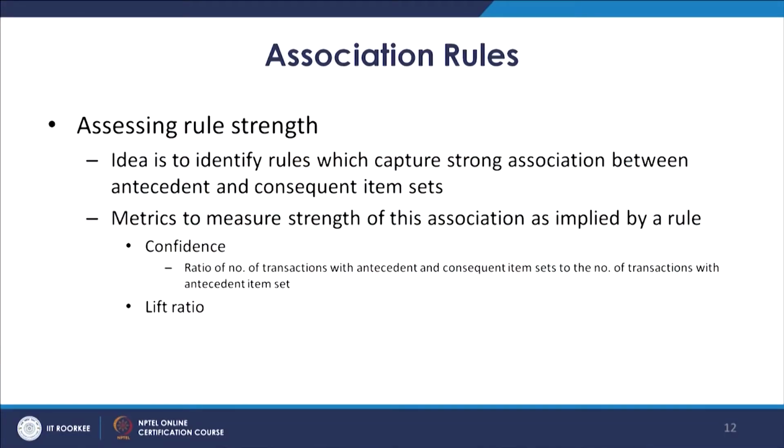We talked about a few metrics for assessing rule strength. In terms of rule generation we talked about support and its importance in generating rules. Then we talked about two metrics, confidence and lift ratio, which could be used to assess the strength of association rules. We discussed and defined these two metrics in previous lectures.